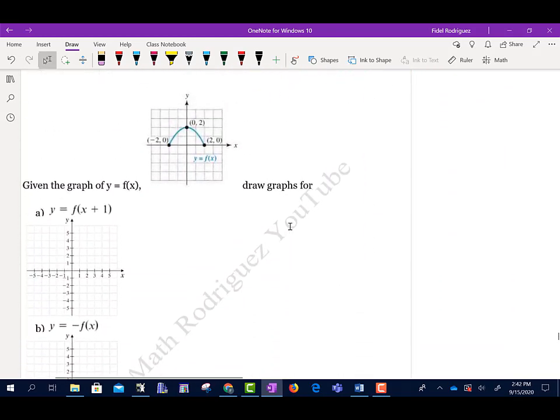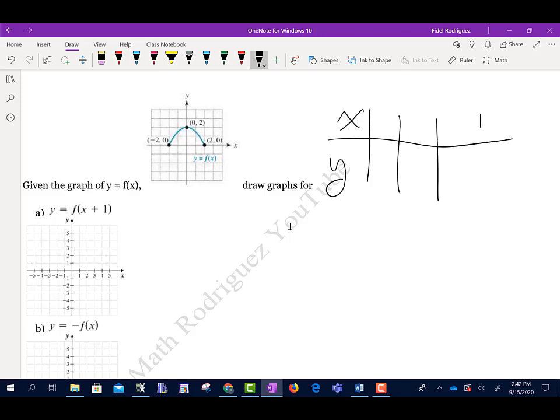All right. So we got another one similar. Let's see if we can figure it out. First thing I'm going to do, let's make our table. X, Y. So negative 2 and 0, 0 and 2, 2 and 0. There's my original one.